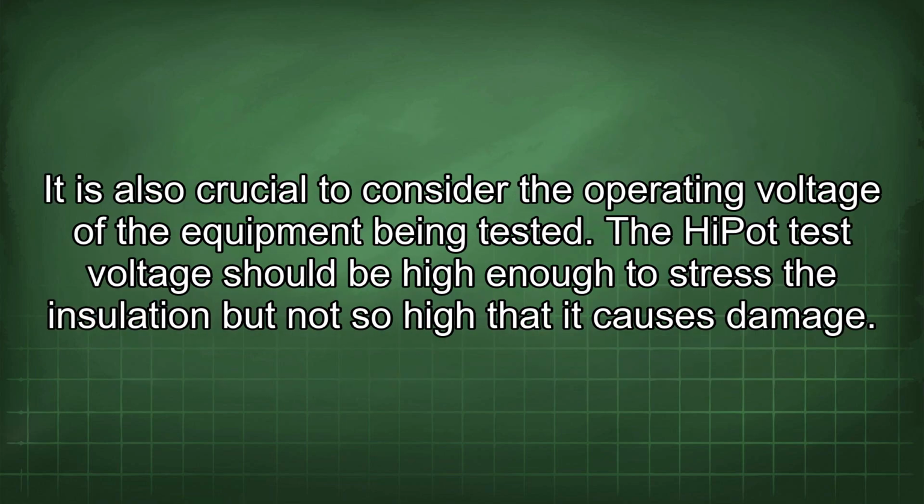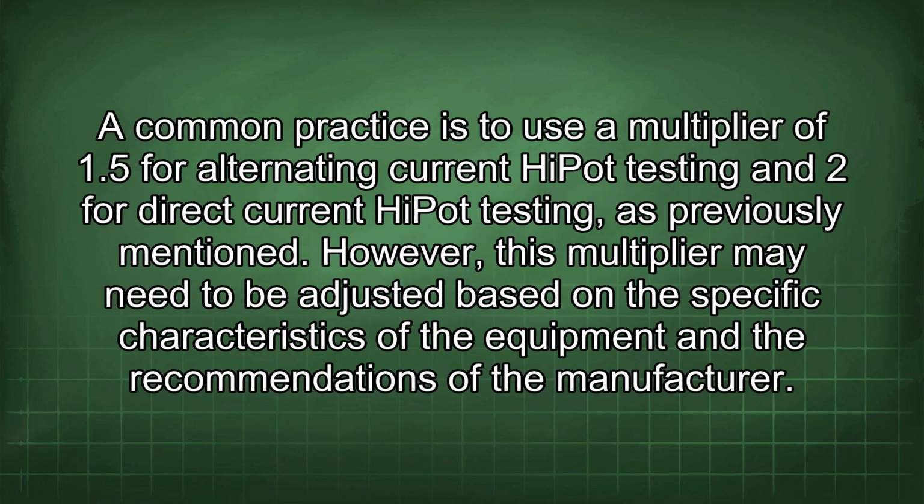It is also crucial to consider the operating voltage of the equipment being tested. The HiPot test voltage should be high enough to stress the insulation, but not so high that it causes damage. A common practice is to use a multiplier of 1.5 for alternating current HiPot testing and 2 for direct current HiPot testing, as previously mentioned.